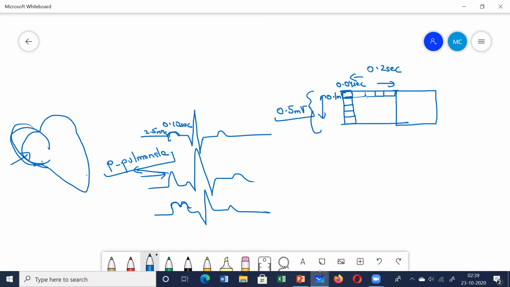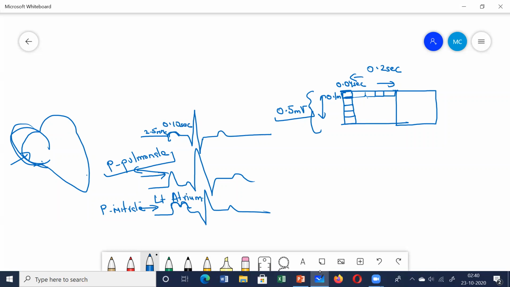This is a bifid P wave, also called P mitral. This denotes an enlargement in the left atrium.